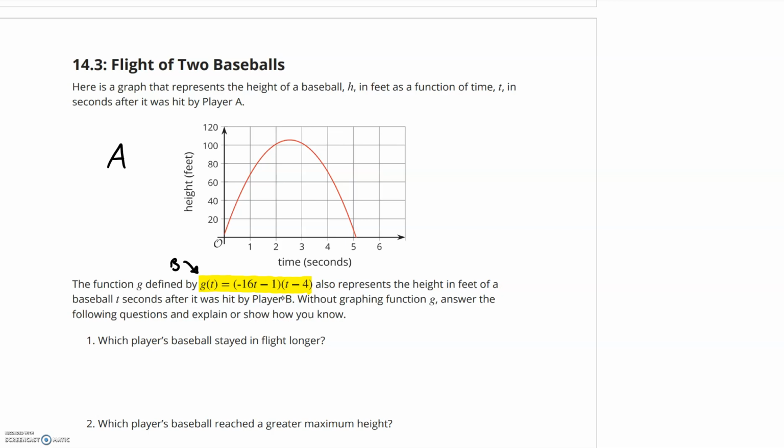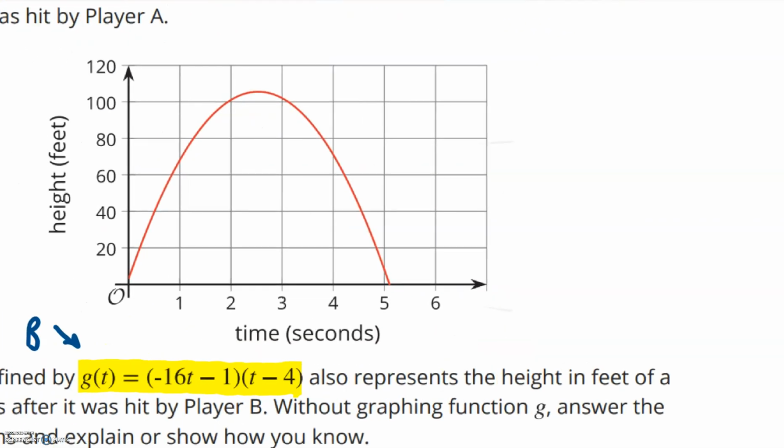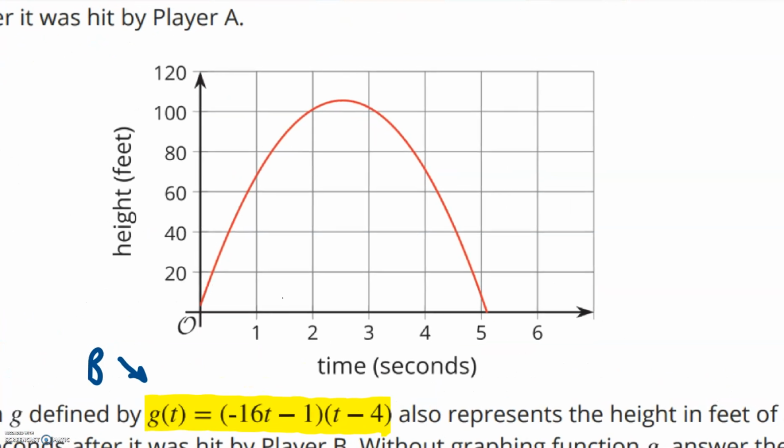So the first question is, which player's baseball stayed in flight longer? So to answer that, this is player B here. To answer that, let's look at player A and determine how long player A's baseball was in the air. If I look at this graph, I see that player A has some initial height here.